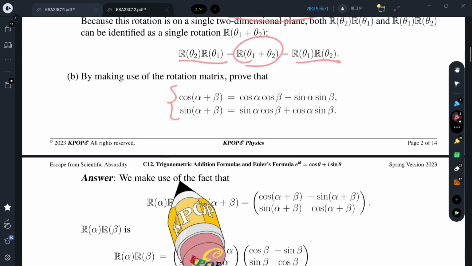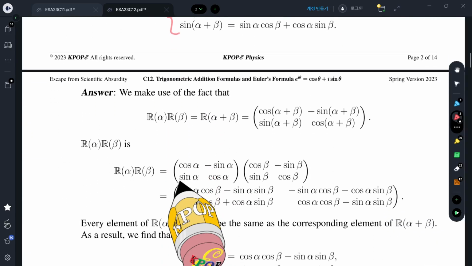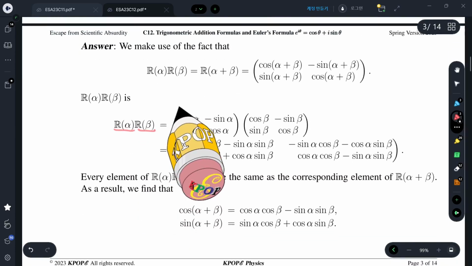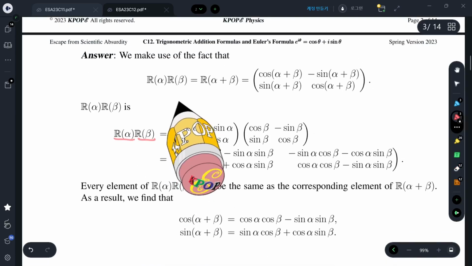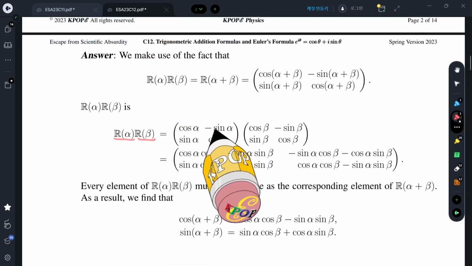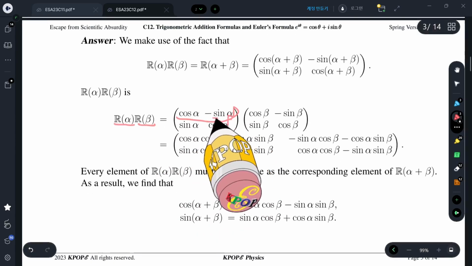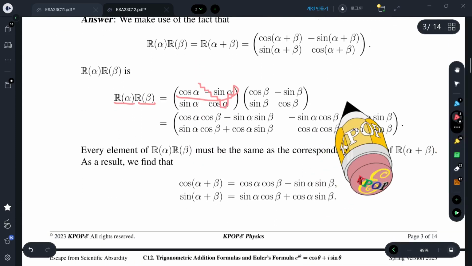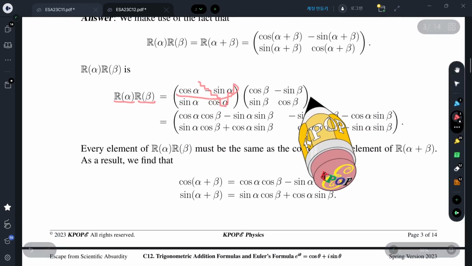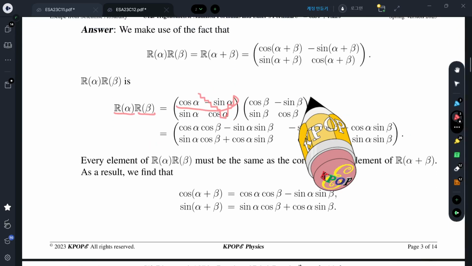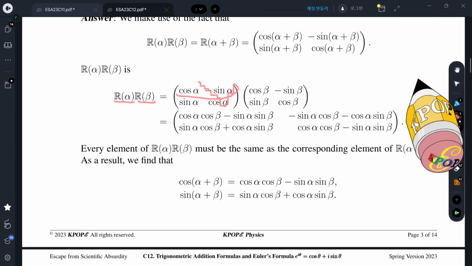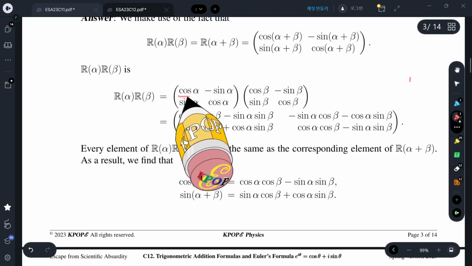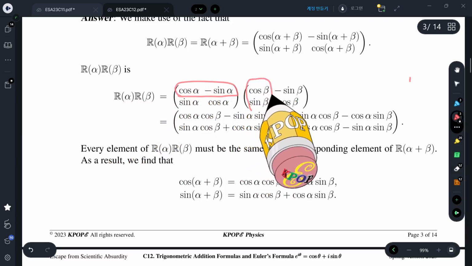Okay, let's see. The rotation matrix is R alpha multiplied by R beta. So we just copied this. Okay, this is the first row, first column.